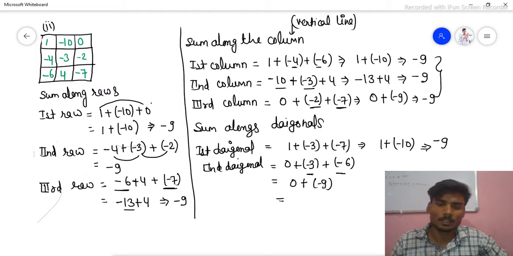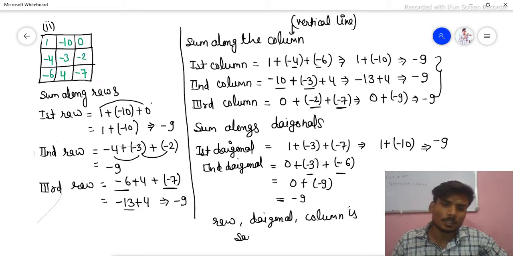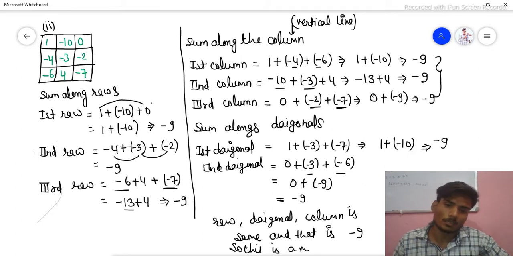So the sum along diagonals, rows and columns is the same, and that is minus 9. So this is a magic square.